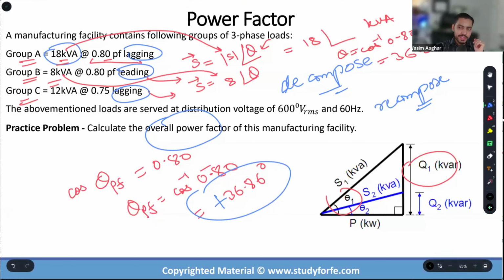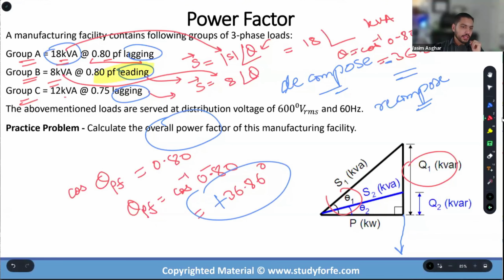The difference is that this guy is actually leading. And leading basically means that we have a negative Q. Leading power factor, think about capacitors. Capacitors are sources of reactive power, and a source will always have a negative sign. A sink or a load would always have a positive sign. Is that clear? So I have to manually add a negative sign over here for this angle theta.